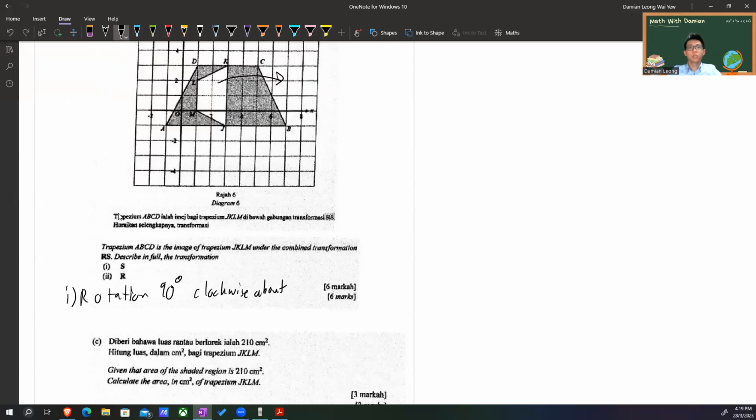The center of rotation, I can stay here. Then it will rotate until like this. So the point of center is J. Then for transformation R, once you rotate to this, I can enlarge.